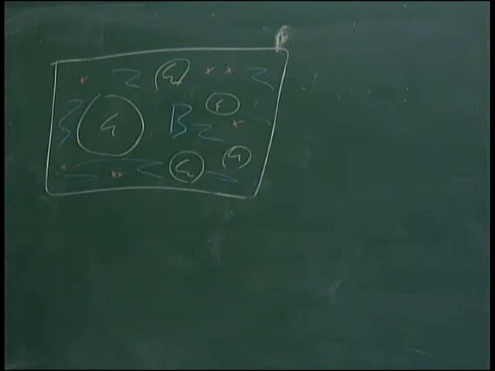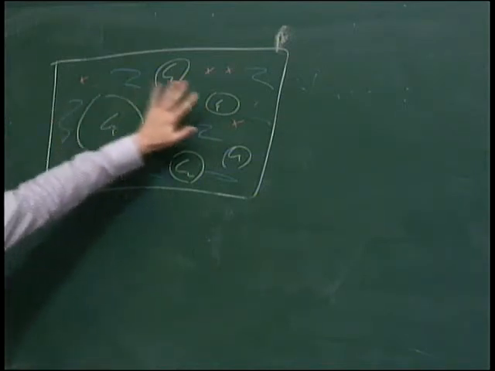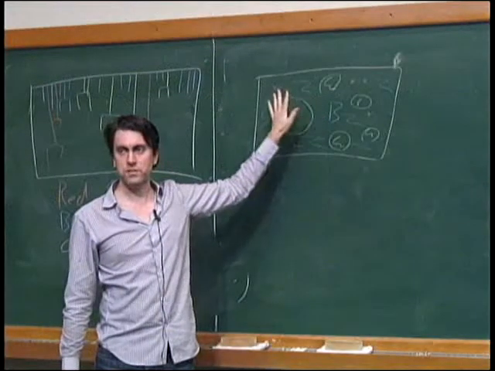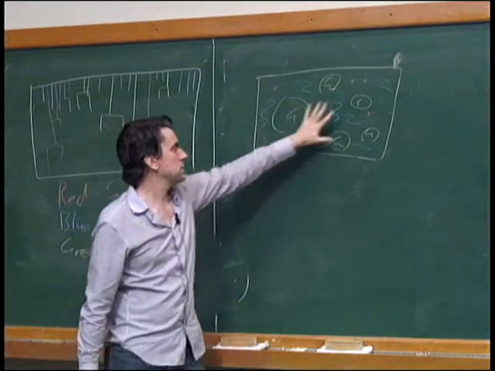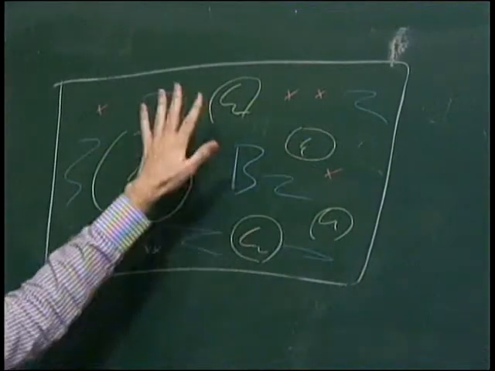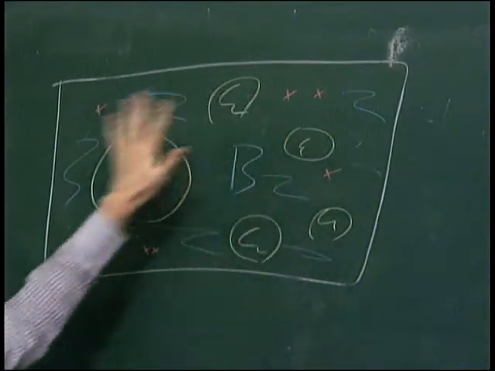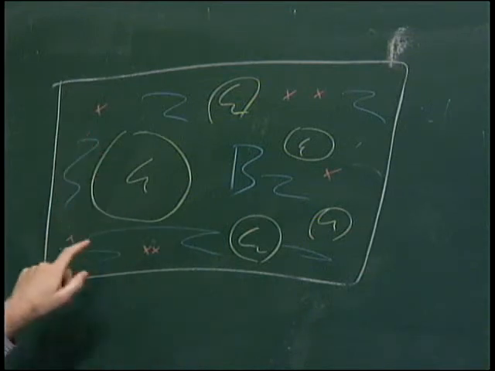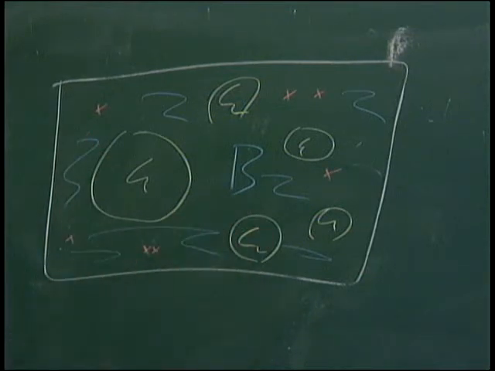So it looks like sort of an IID field of plus and minuses. Once you condition on the greens, on the complement of the greens, it looks like an IID field of plus and minuses, plus these occasional vertices which are affected by the initial conditions.